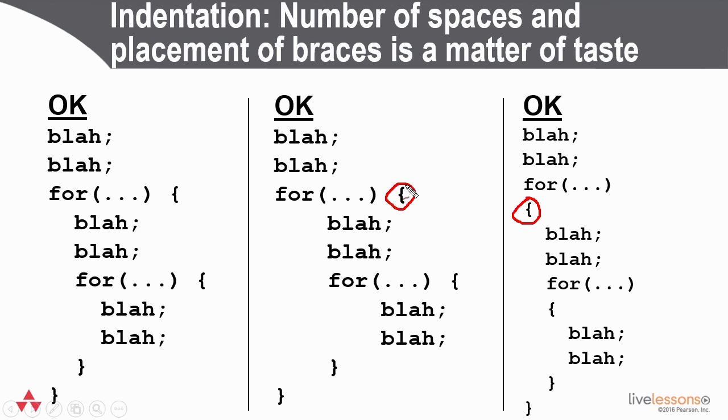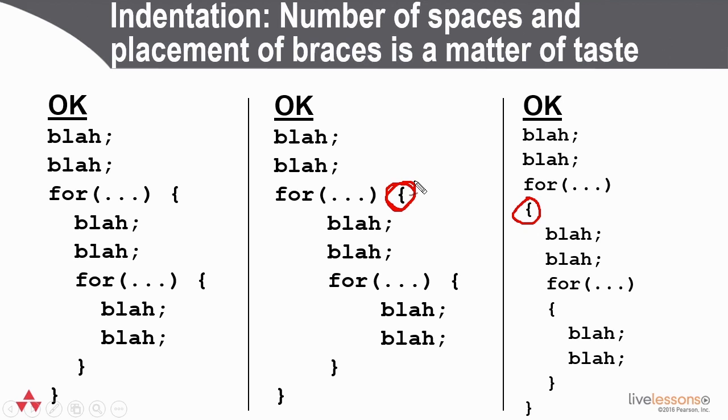So the argument in favor of putting the curly braces on the same line as you start the for statement or the if statement or whatever the block is, is that your code is shorter. It takes fewer lines. It's vertically shorter. And when it's vertically shorter and you look at your code inside of an editor like Eclipse, you can see more context, and so it's easier to understand.